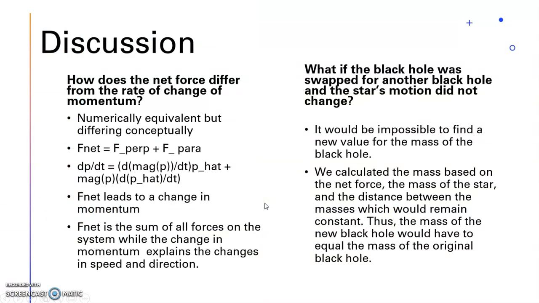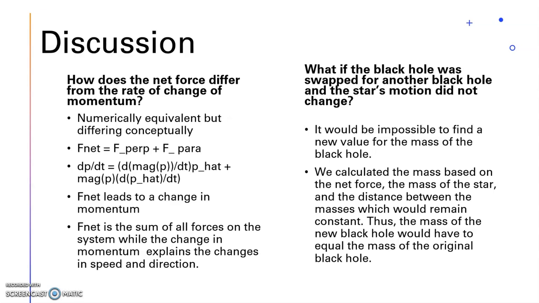So, discussion. How does the net force differ from the rate of change of momentum? These values are numerically equivalent but differ conceptually. We know that the net force is equal to the parallel plus perpendicular components, and we find this to be equivalent to the change in momentum, and therefore these values are equal when the force of gravity is the sole force acting on the system.